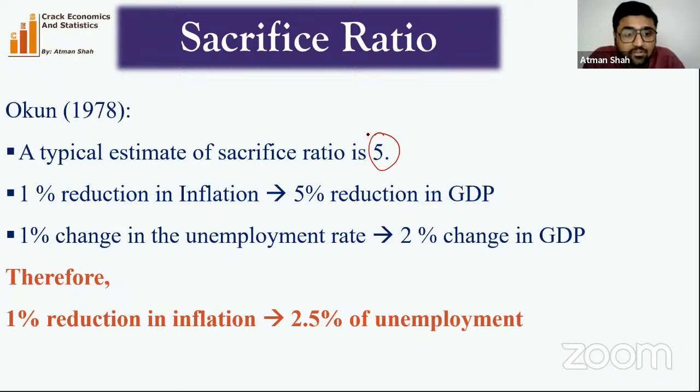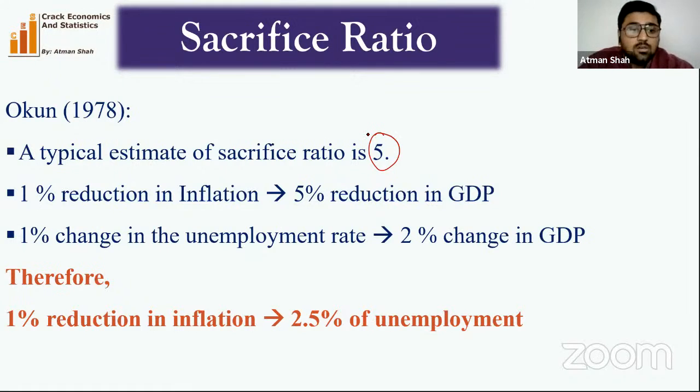If policy makers want to reduce the inflation by 1 percentage point, they have to pay the price in terms of unemployment, and unemployment increases by 2.5 percentage points. So that is a trade-off.